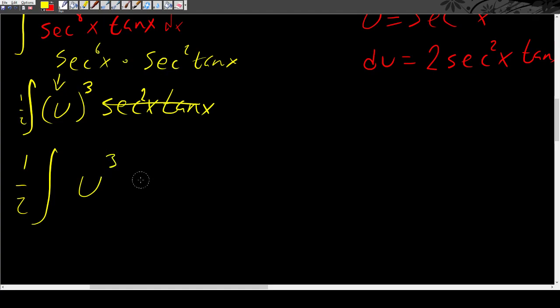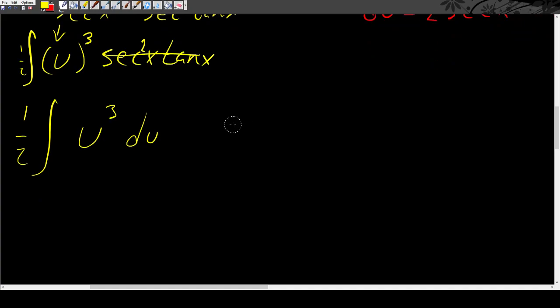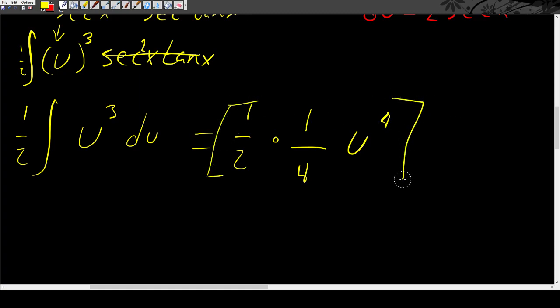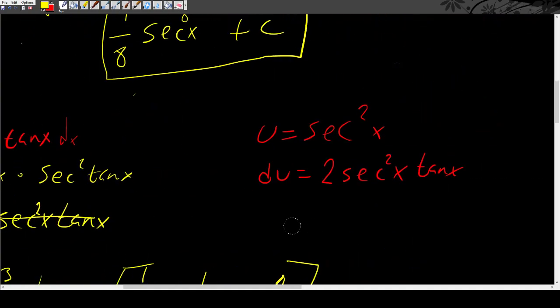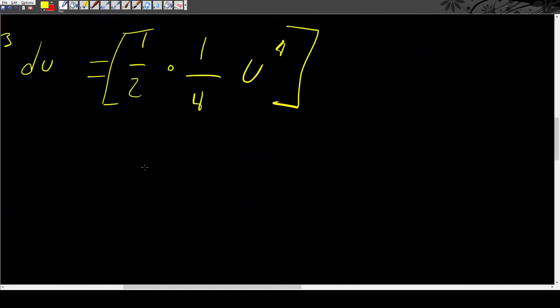U to the third times du. Okay, well this is pretty easy. Just do basic anti-differentiation: 1/2 times 1/4 u to the 4th. And then plug back in my u, which in this case was secant squared x.